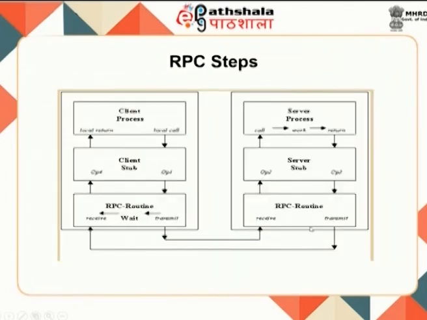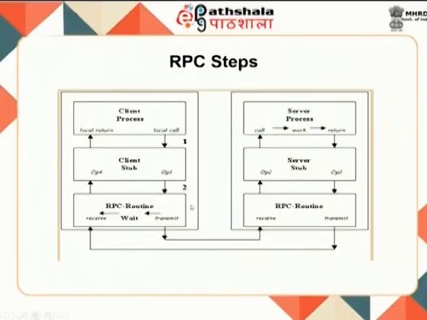Here is an example where it shows this is the client machine and this is the server machine. The steps are the local call, and then the stub is doing the marshalling, and then it is being sent. Then the server stub is obtaining the call.